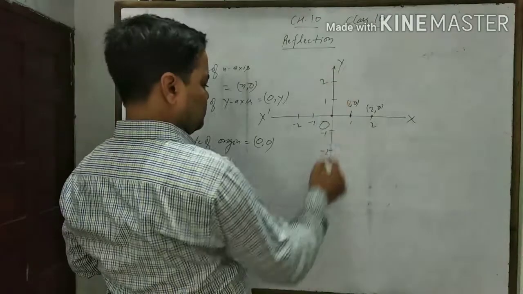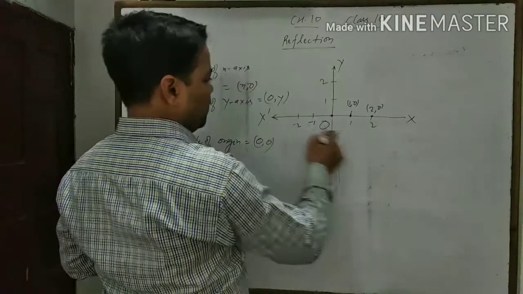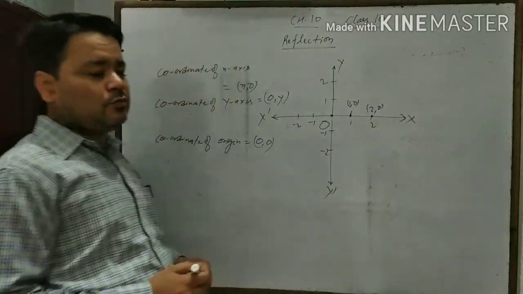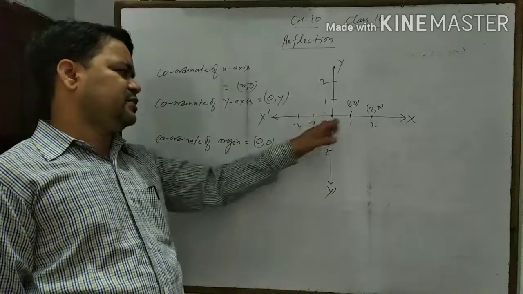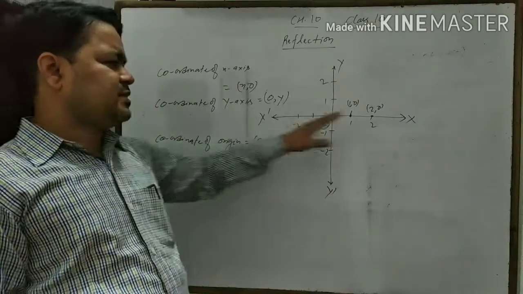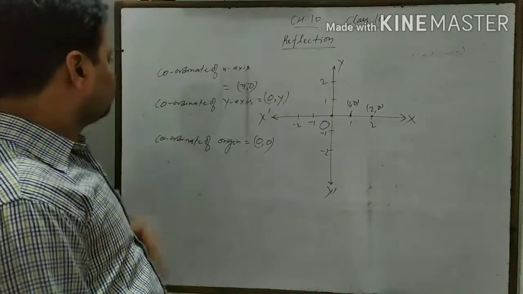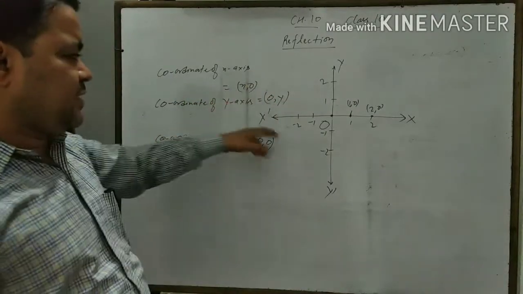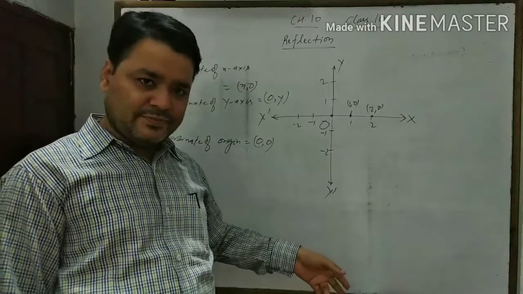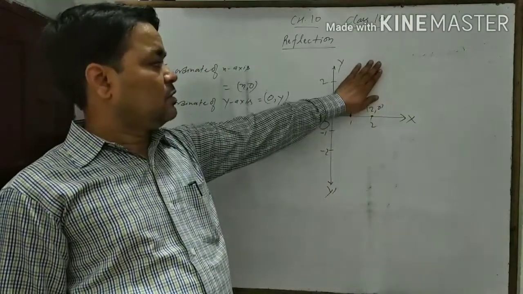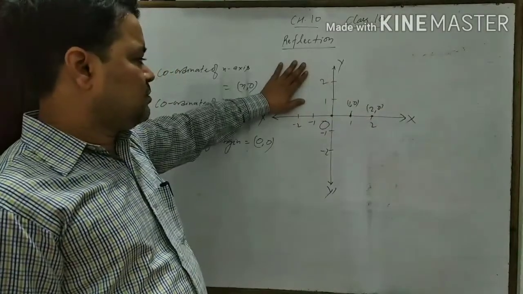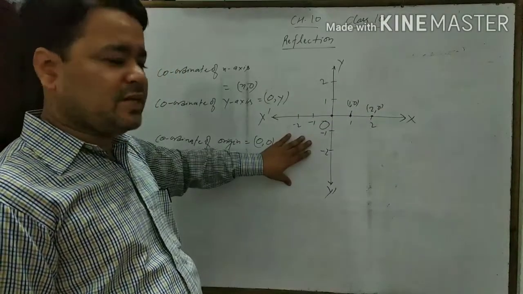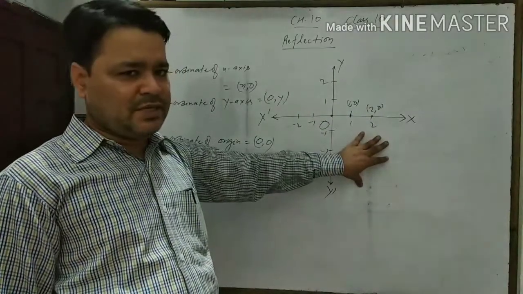Here arrow. Important. We have to mention the arrow. So in this way, the coordinate of the origin is 0, 0. Coordinate of the x-axis, x, 0. Coordinate of the y-axis, 0, y. Signs of the first quadrant, sign convention: plus plus, minus plus, minus minus, and here plus minus. Getting?